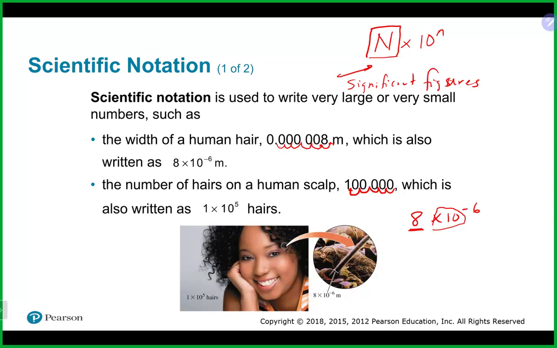That would mean that this number written like this has one significant figure. And as we will learn later on, when we look at a number written like this, the only significant figure here is actually the 8, which is why we only keep the 8. We don't add extra zeros or anything like that. When we look at this number written in scientific notation, the 1 that comes before the times 10 part is one number, and this would have one significant figure. When we look at a number written in decimal form, or this kind of non-scientific notation form, that 1 is actually the only significant figure there is in that number, and that's why we, in this case, drop all the other zeros and we don't keep them.